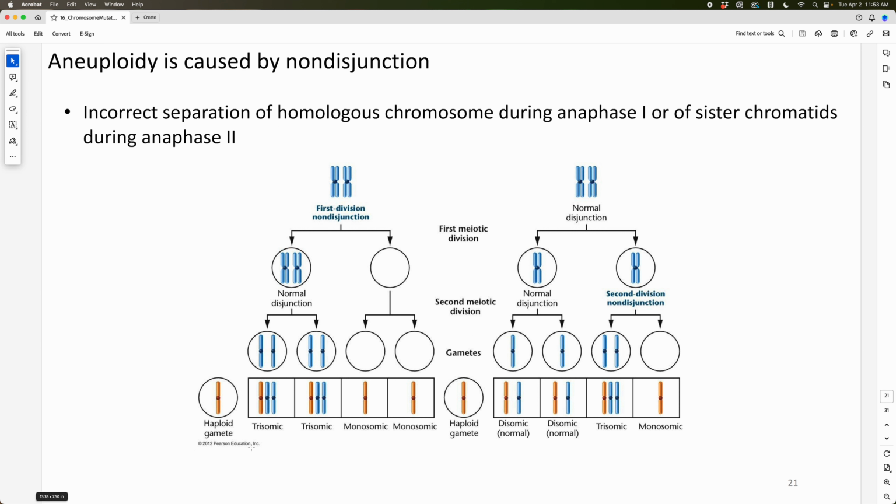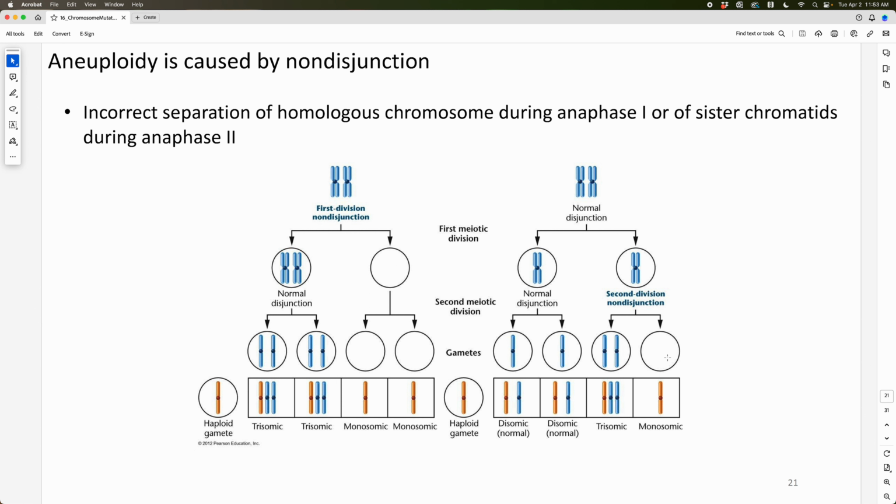And so out of the 4 potential offspring that could be produced with a normal egg cell, we have 2 individuals, or half of our offspring, that would be likely to be trisomic, so have 3 copies of a particular chromosome, and half of the offspring would be monosomic, so they'd only have 1 copy of that homologous chromosome.